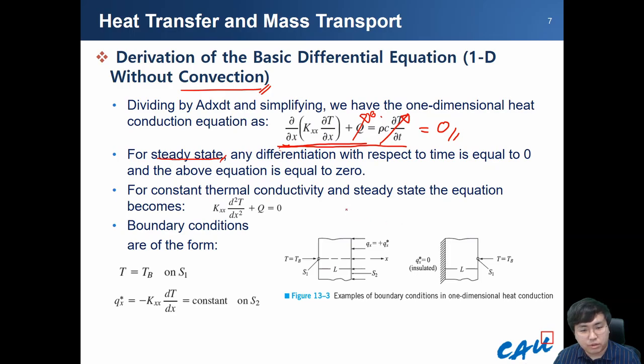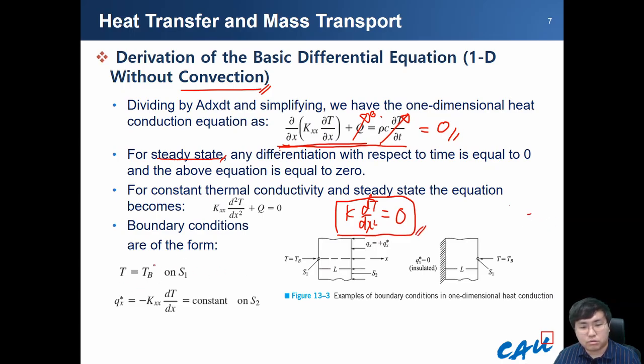So the final equation sometimes looks like this. It's a very simple partial differential equation. I think you guys already know how to solve this problem using the Galerkin residual method. I will give you some very general cases, so I think you can easily solve this equation.